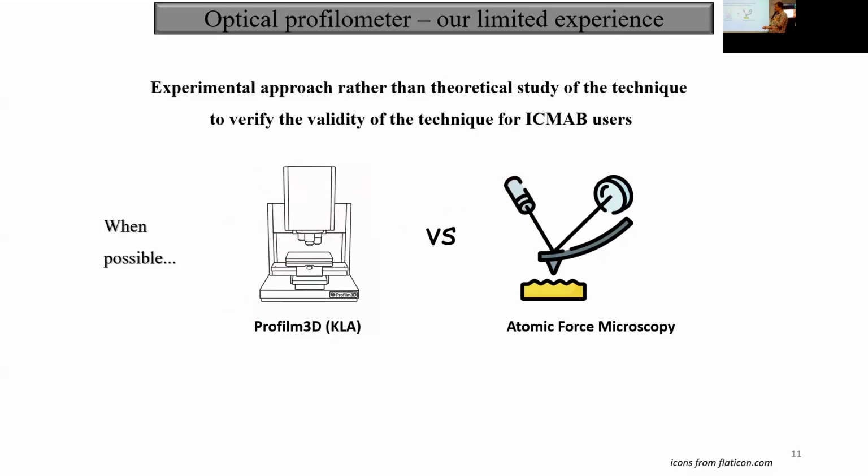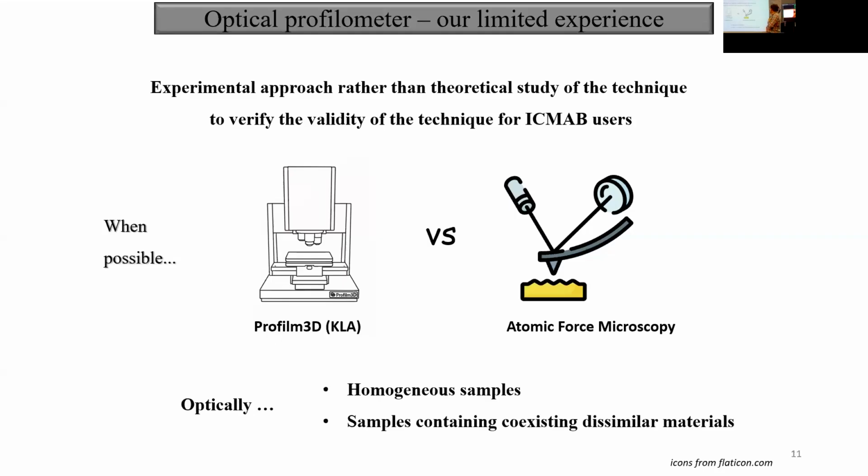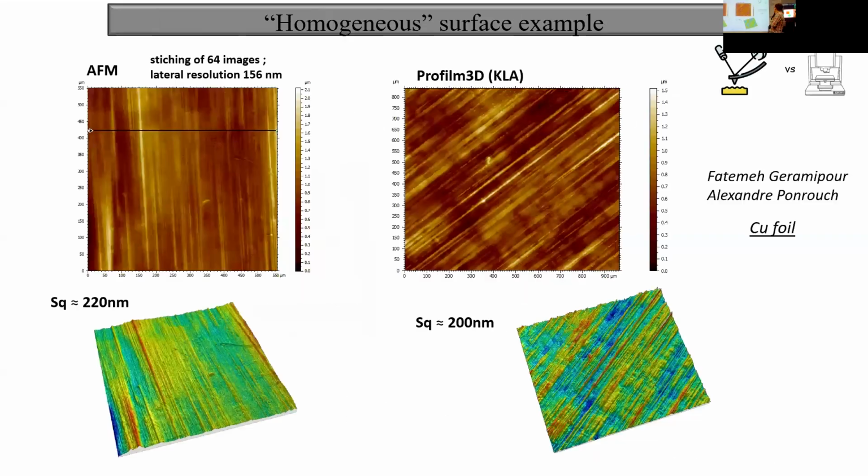I will start by showing examples of homogeneous samples, homogeneous optically speaking, okay, where you have the same kind of material all over the sample. And then I will pass to samples containing or coexisting dissimilar materials, okay?